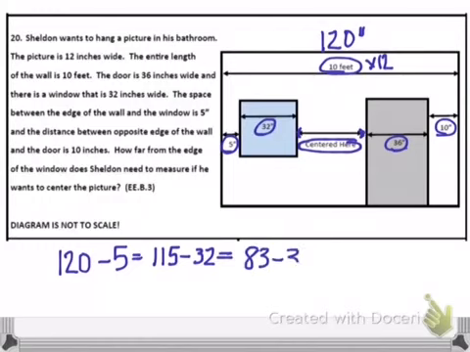And then I can subtract the 36, and that would give me 47. And then I can subtract the 10, and that would leave me with 37.